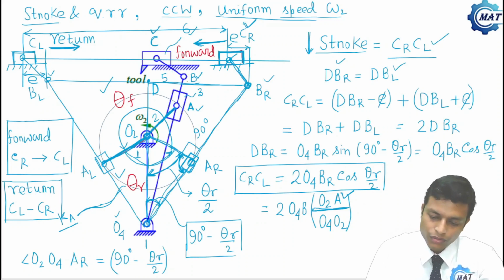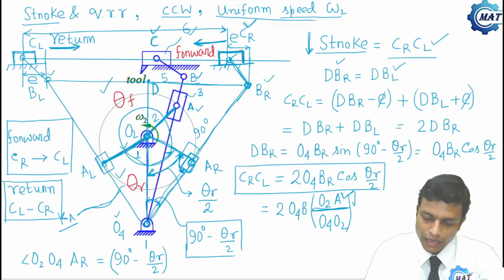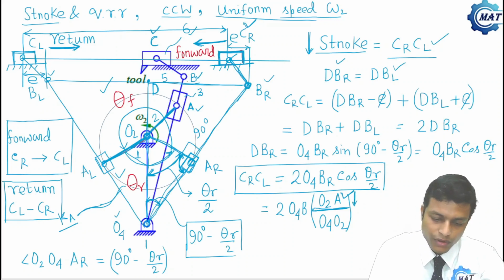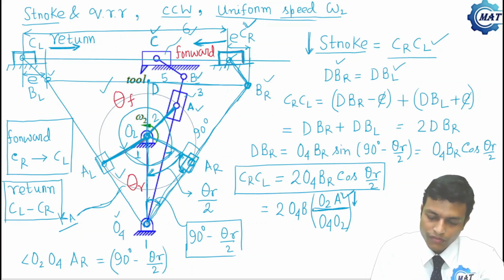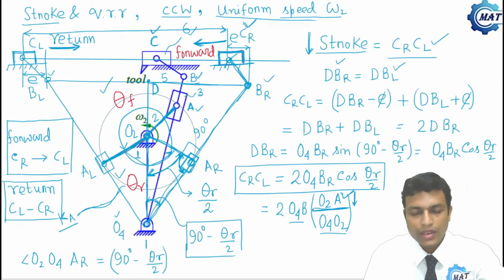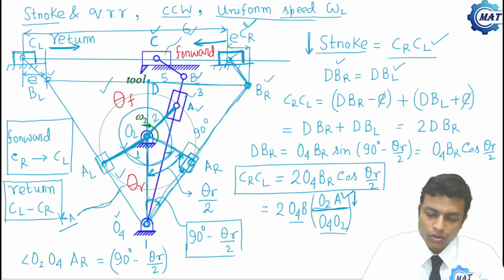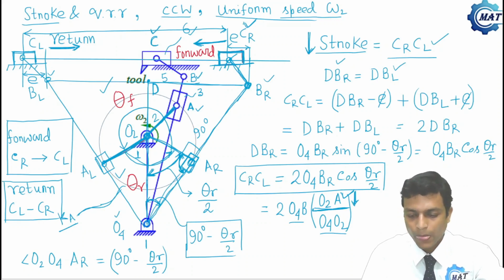We have to reduce the length of the crank, that is, we have to reduce the length of O2A, because length of fixed link is always fixed, and length of oscillating link O4BR or O4B is also fixed. So the conventional way to reduce stroke is to reduce the crank length.